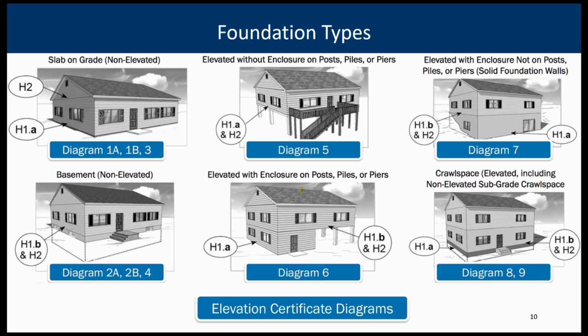As we'll mention, whether or not they've got flood openings will be indicated in the elevation certificate. But from a regulatory standpoint, for them to be compliant, they should have those flood openings. The main difference we get into here is that if the elevated portion is 5 feet or less, that's considered a crawl space. If it's over 5 feet, it's diagram 7.